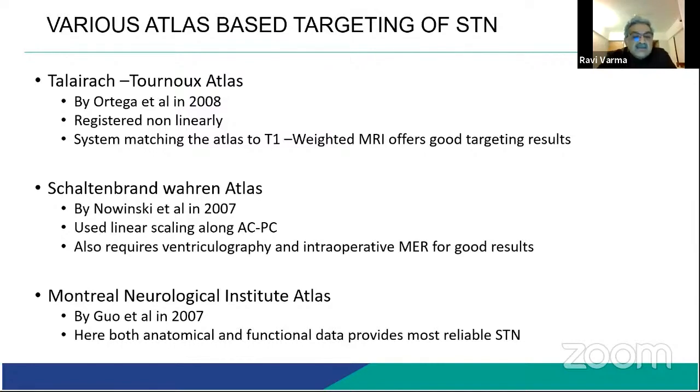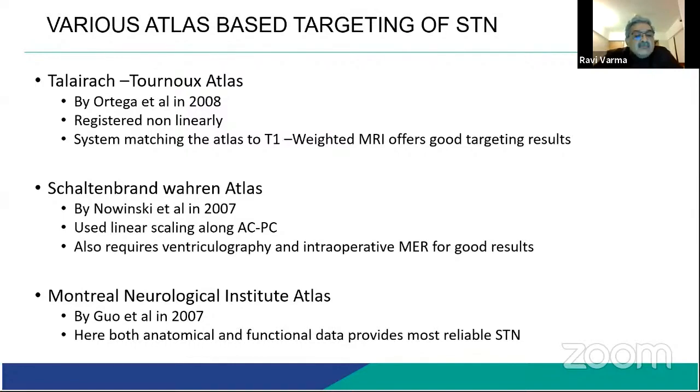And we had to expand the atlas onto the MRI, and then you have an approximate area, but the STN is such a small nucleus, we cannot take approximations. We need to be very, very accurate, and that is why we have intraoperative MER, which helps us again lateralize and localize in the right spot.